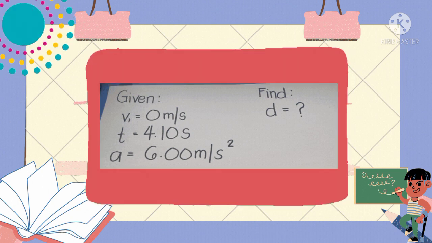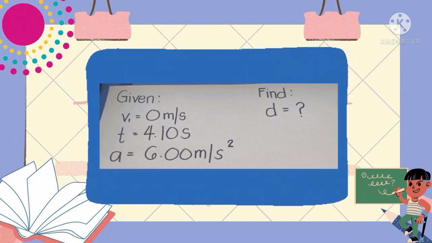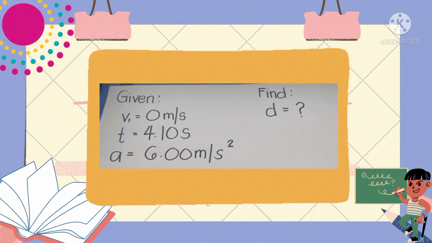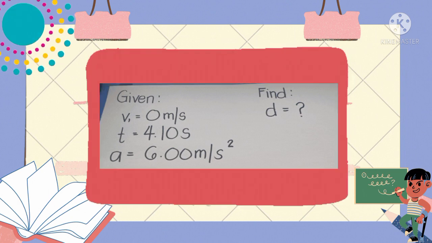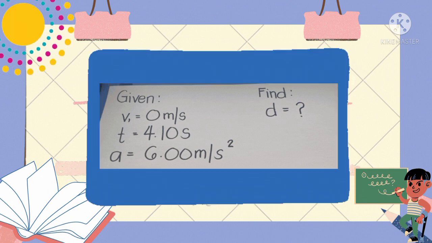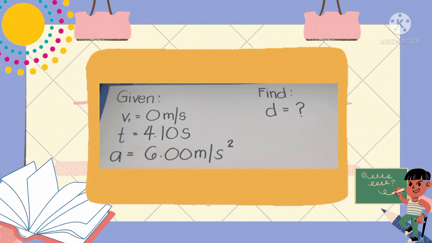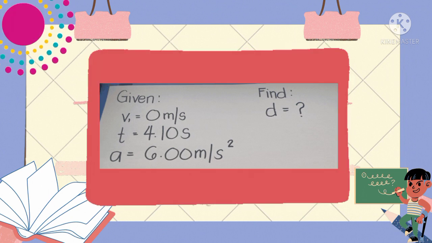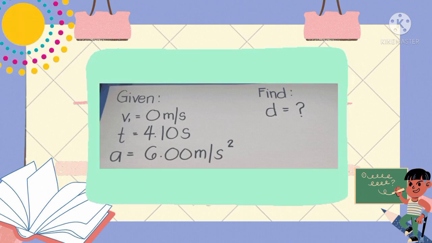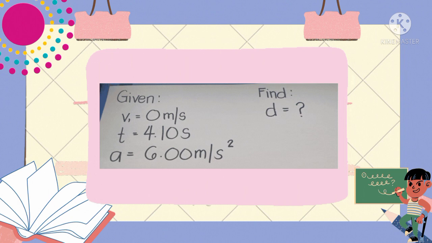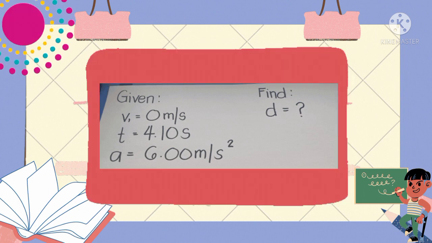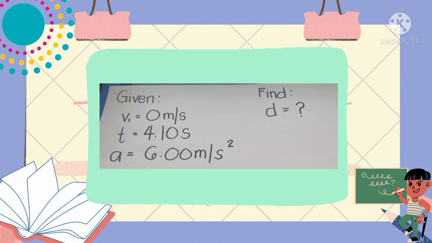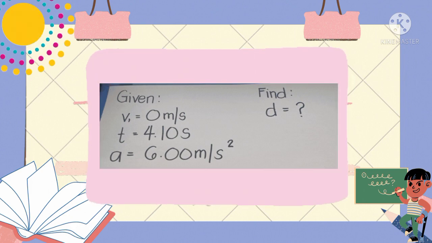How come the initial velocity is 0? Because from the problem, Mia accelerated from rest, and rest is equivalent to 0. Time, 4.10 seconds. Acceleration, 6 meters per second squared. And we are going to find the displacement of Mia's car during this time period.